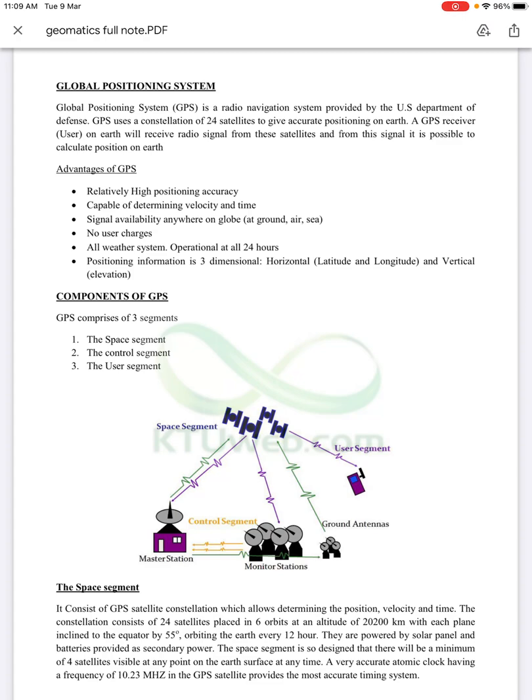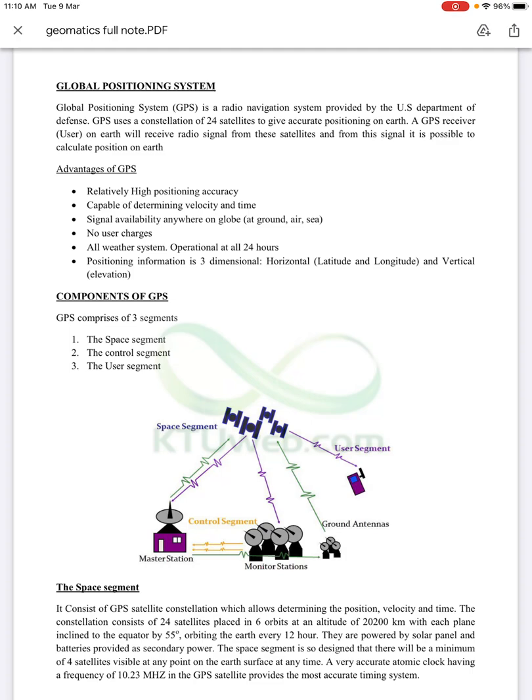If you are moving in a car, we can find the velocity and the time at a particular traveling time. Third is signal availability anywhere on the globe. Anywhere on the globe we can provide the exact latitude and longitude.